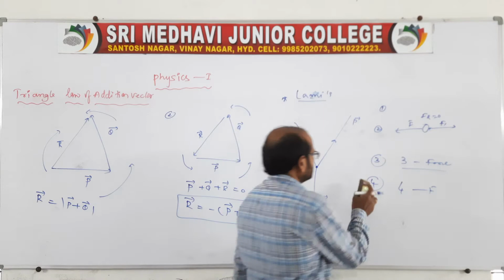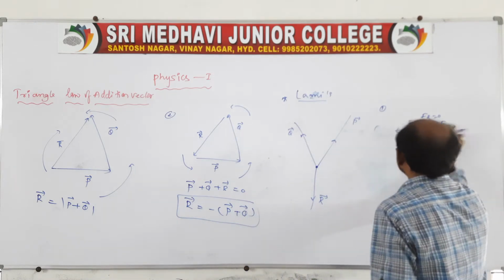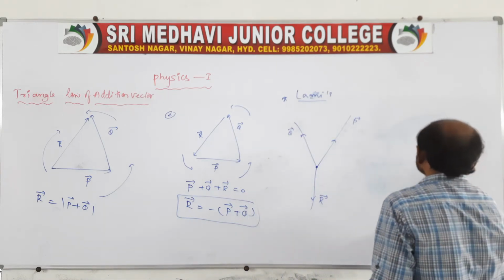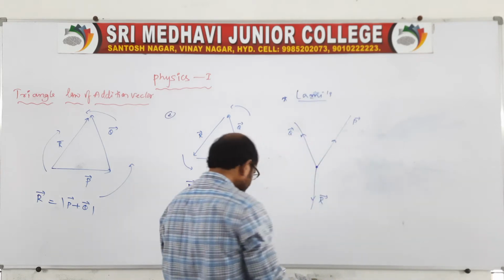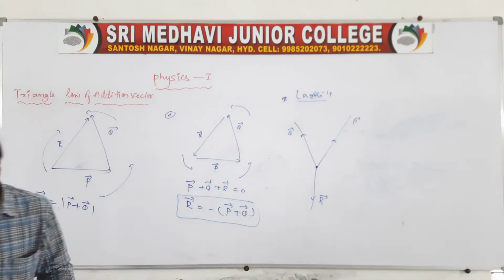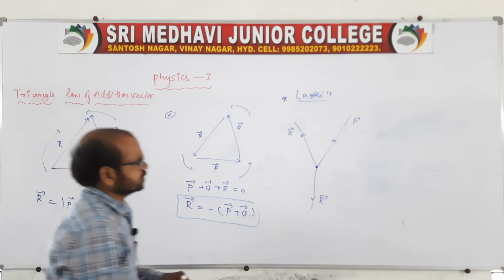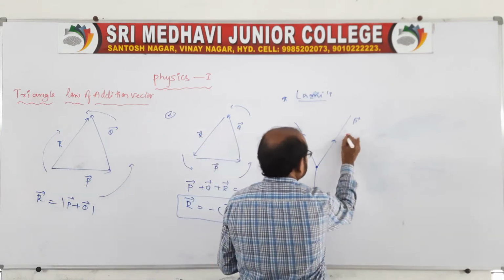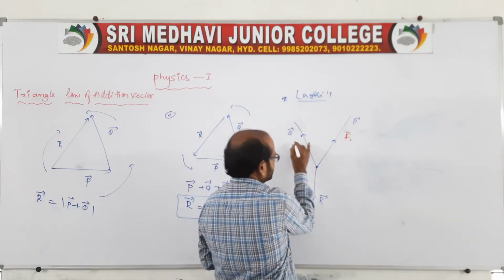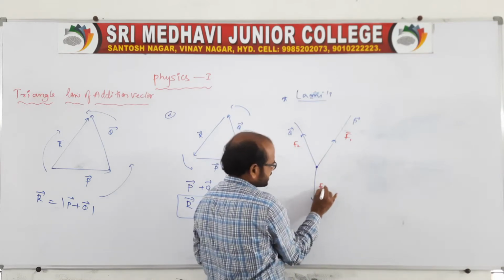Let us move to Lami's theorem. Sir, what is actually Lami's theorem? It is related to pure objective questions, but we should know it. Take F1 force, F2 force, and F3 force.